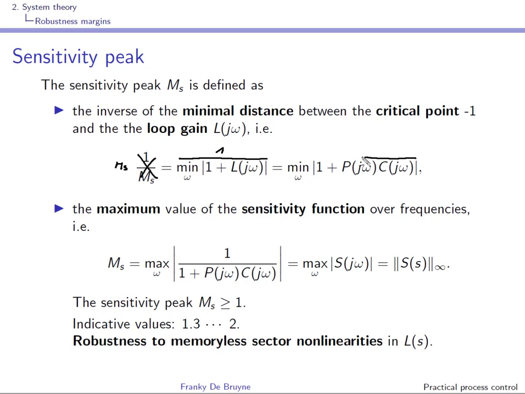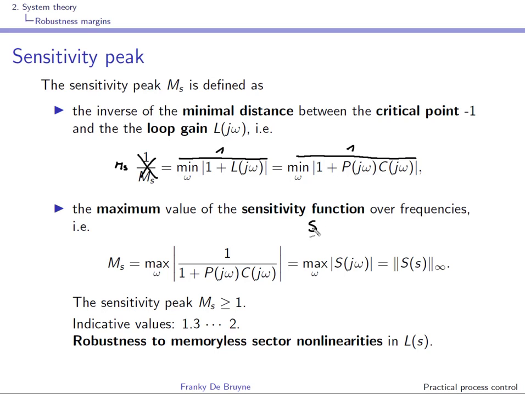So the sensitivity peak can be defined as follows. 1 over the minimum of the magnitude of 1 plus the loop gain is equivalent to taking the maximum of the magnitude of 1 over 1 plus the loop gain.